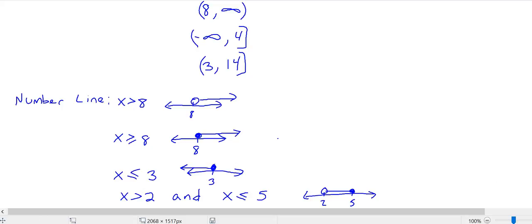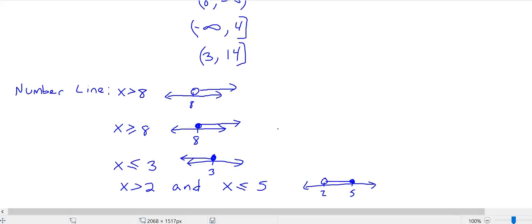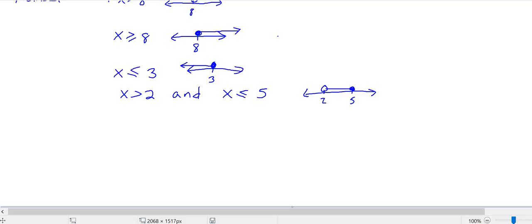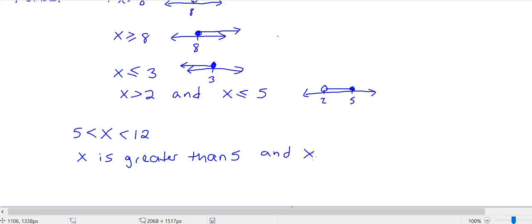So another important thing to be able to do is to be able to read inequalities when they're written like this. Let's say we have an inequality that looks like this. To read this inequality, we start from the middle. We read the left-hand side, then we start from the middle and we read the right-hand side. So we say x is greater than 5 and x is less than 12.